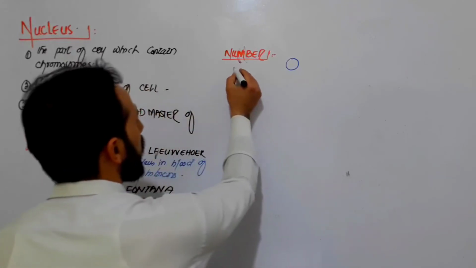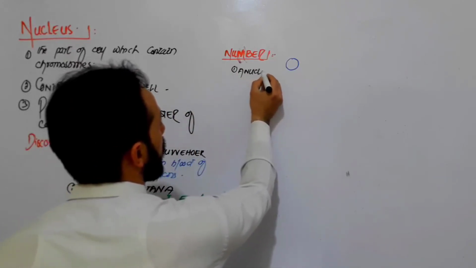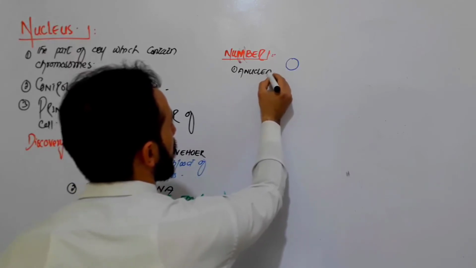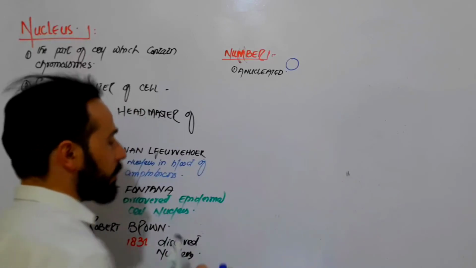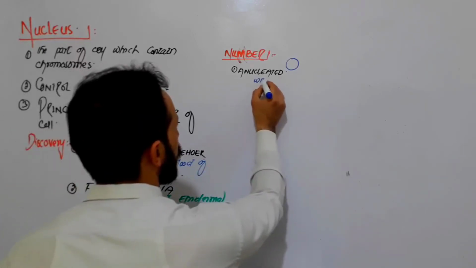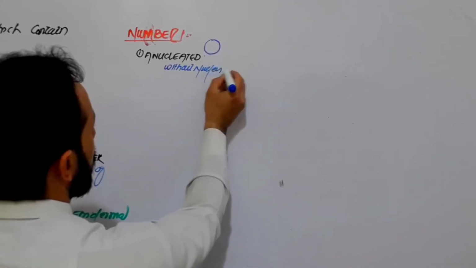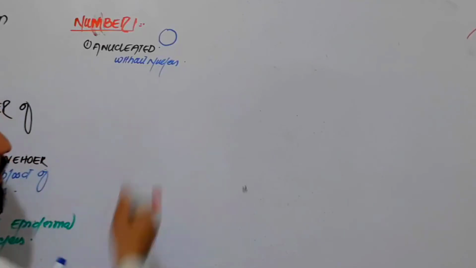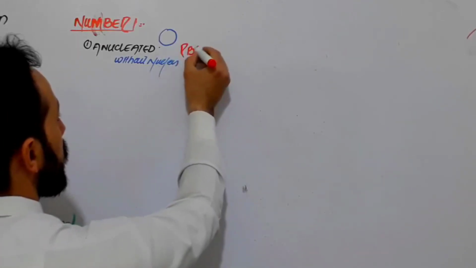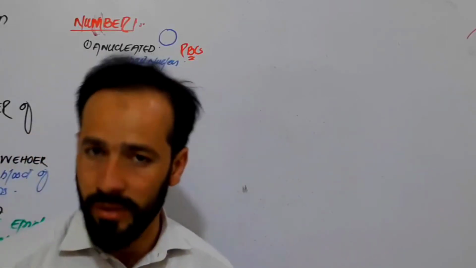Those are called anucleated. Anucleated means without nucleus. In our body we have anucleated cells, and an example is the RBC, red blood cells. Inside our mature RBC we don't possess a nucleus, right?